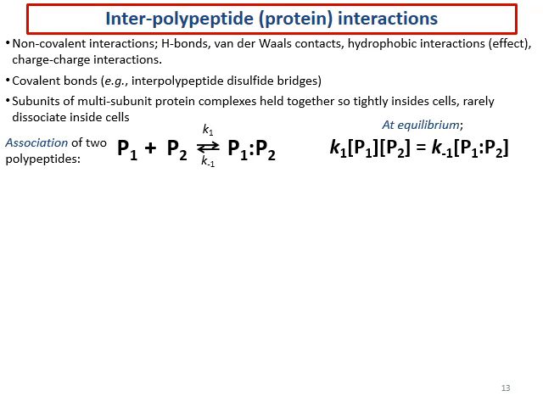So at equilibrium, we basically see that the forward rate is proportional to the concentration of both of the polypeptides, and the reverse rate is going to be proportional to the two polypeptides which are now interacting, and then at equilibrium these two rates are going to be equal.